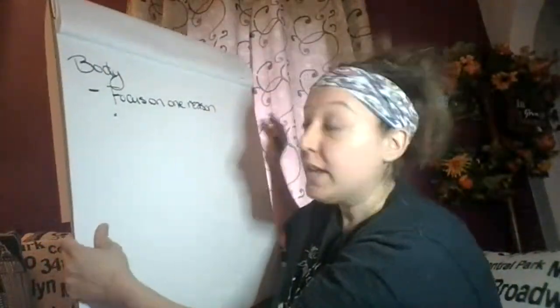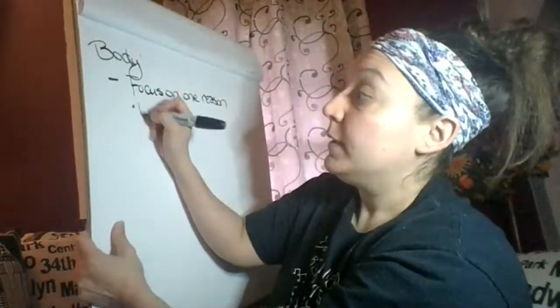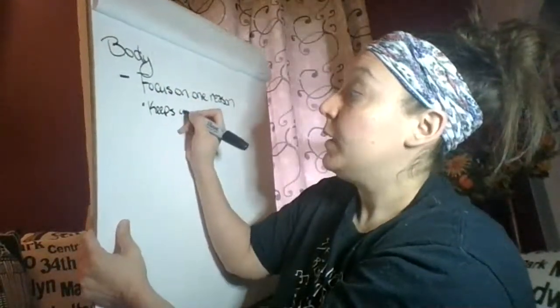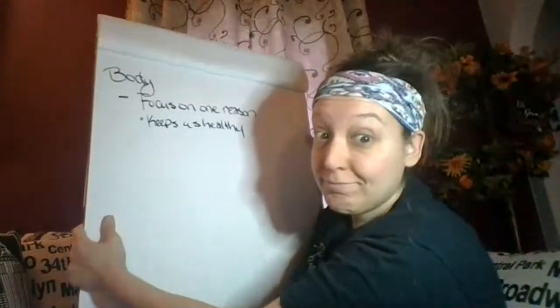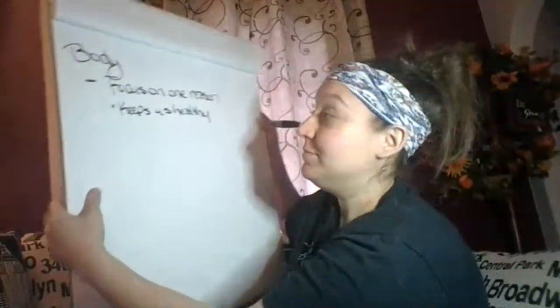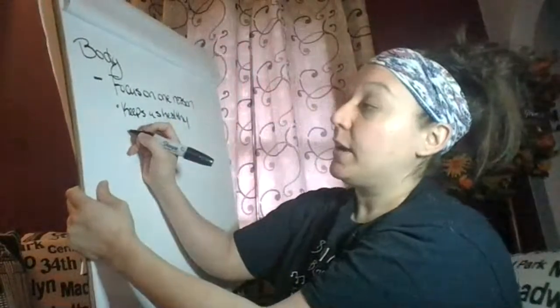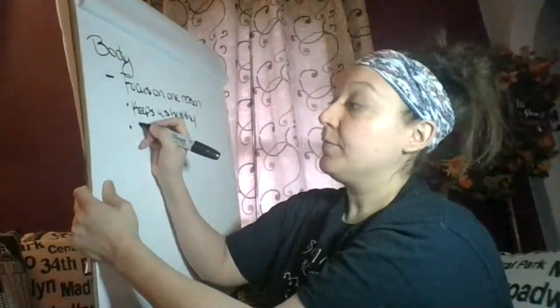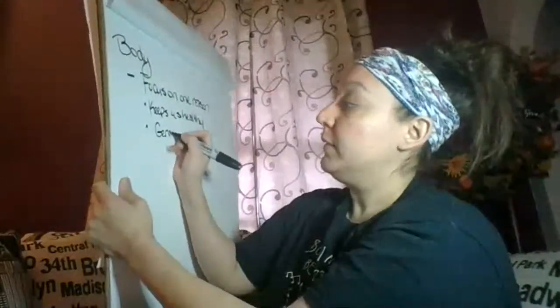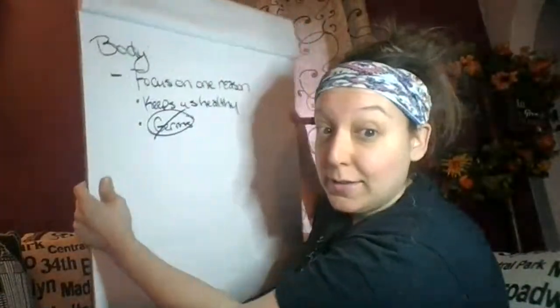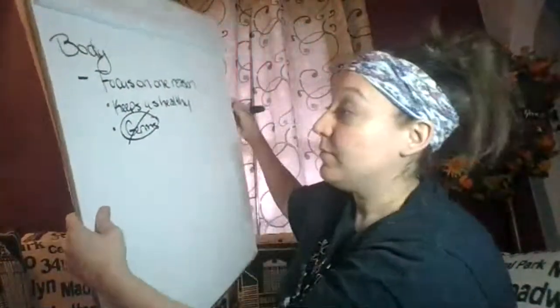So let's focus on what I think is the most important reason. Keeps us healthy. Right? And then here's where I elaborate on that. Keeps us healthy. We're going to put the word germs, and then I'm going to put a little circle, and I'm going to put a line through it. See? Gets rid of germs.